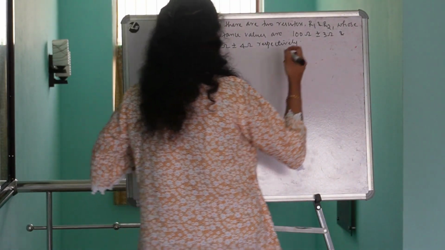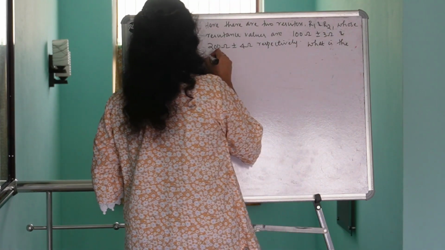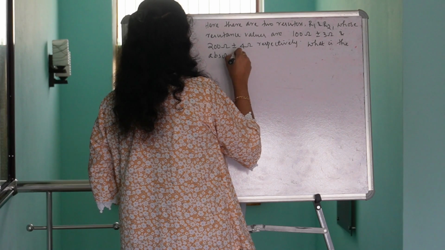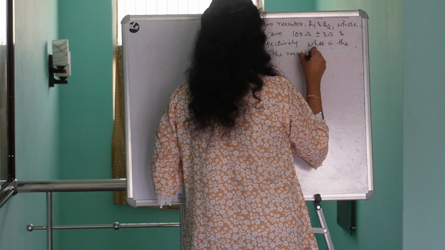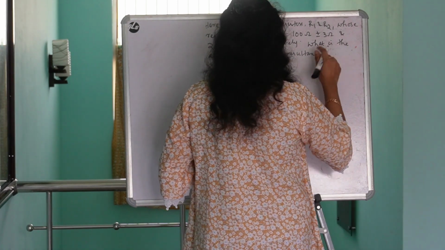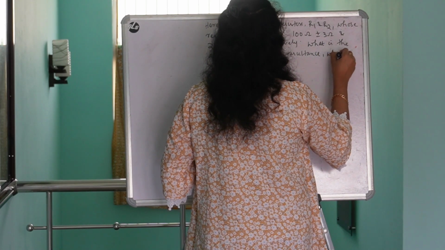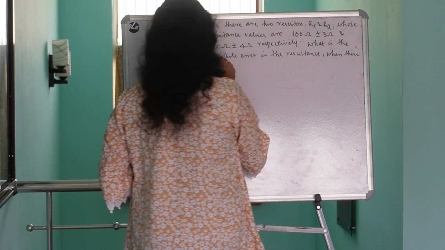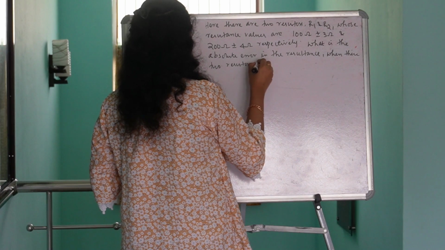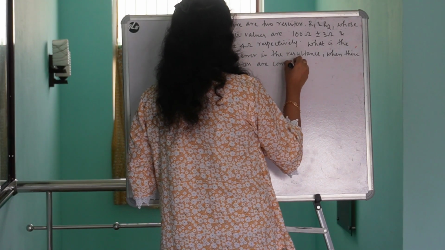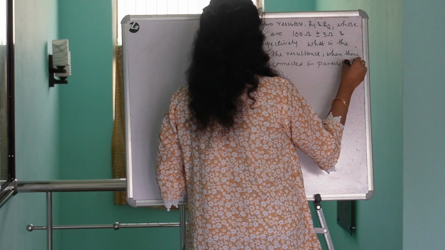What is the absolute error in the resultant resistance when these two resistors are connected in parallel and in series?